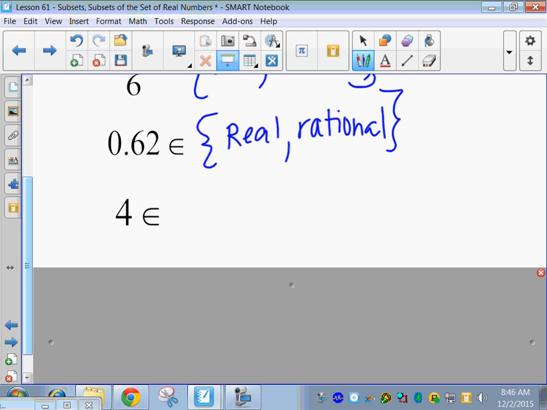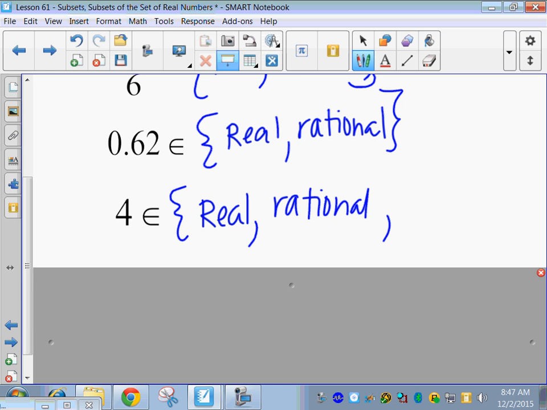All right, 4, write this down every time. Everyone writes down, 4 is an element of. So Nick, what do I always put first? Real. Okay. And then it's either rational or irrational. Lucas, which one is it? It is rational. Most of them are. Okay. And then we have to say, is it an integer? Alex, what do you think? Integer? Yes. Integers are all the negatives and all the positives, right?